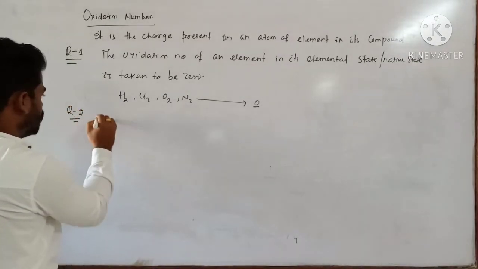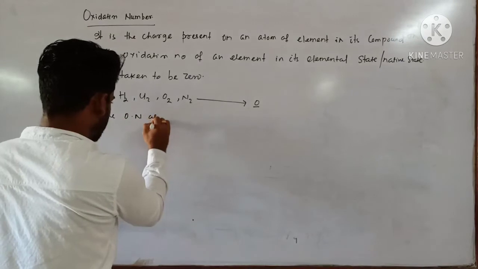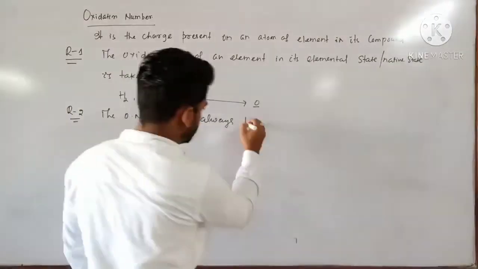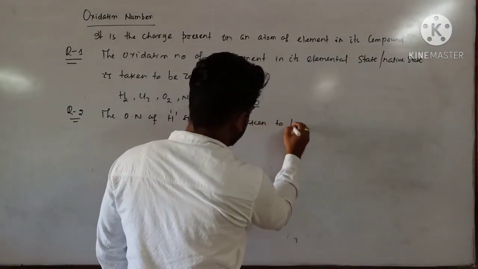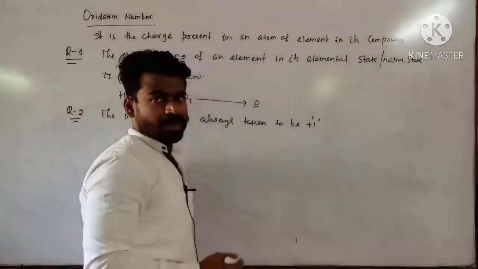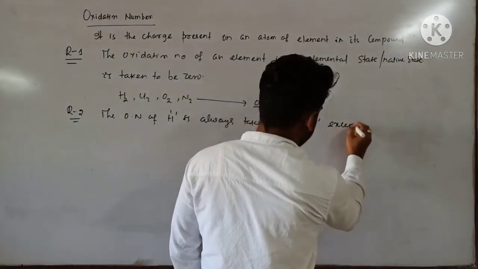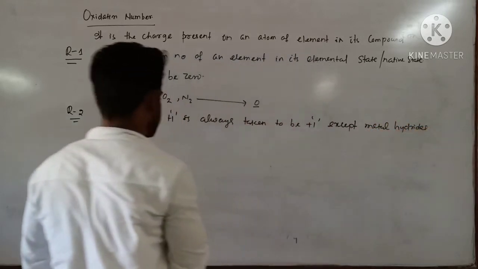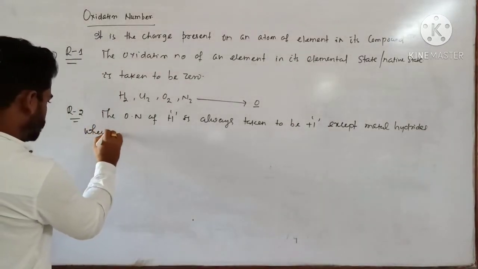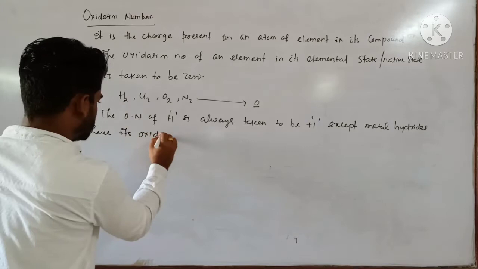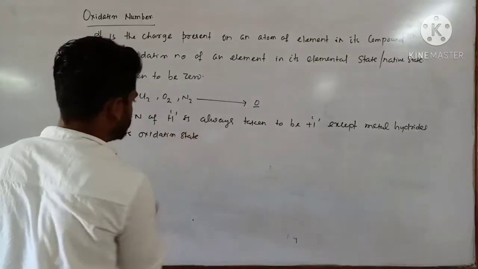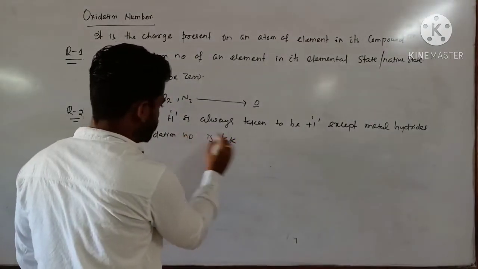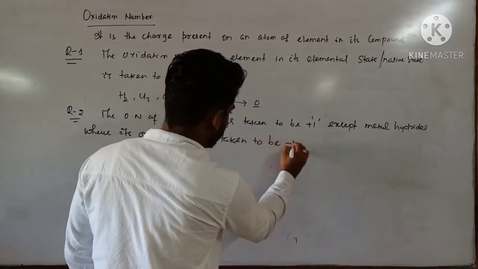So rule 2, the oxidation number of hydrogen is always taken to be +1 except metal hydrides, where its oxidation number is taken to be -1.